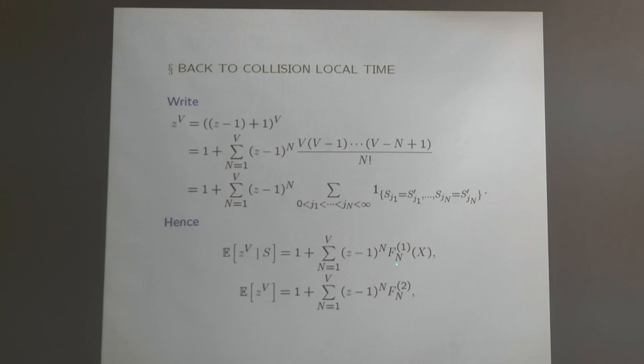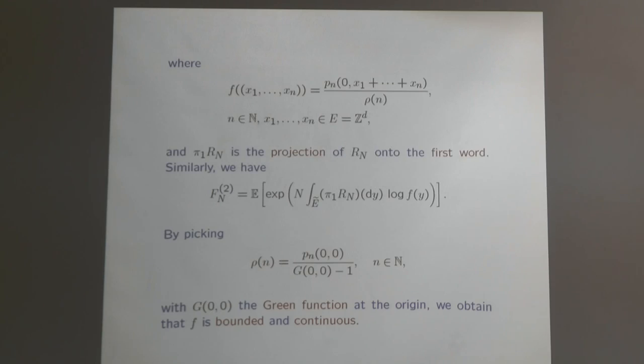So if this grows like e to the constant times n, and the e to the constant is bigger than 1 over z minus 1, then it blows up. And if it's smaller, it doesn't blow up. So by knowing the asymptotics of this thing, I'll be able to say what the critical values are. So that is the next thing that I'm going to do.